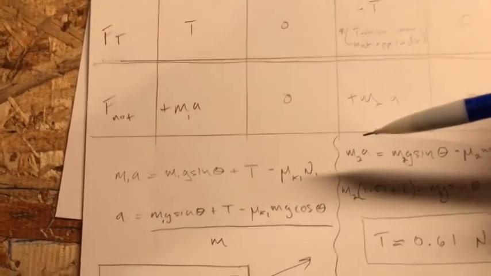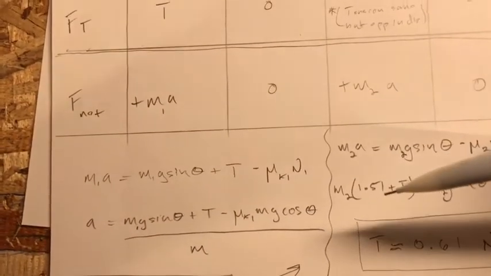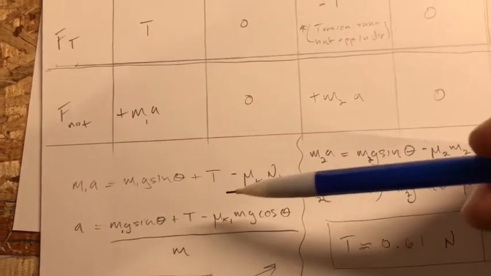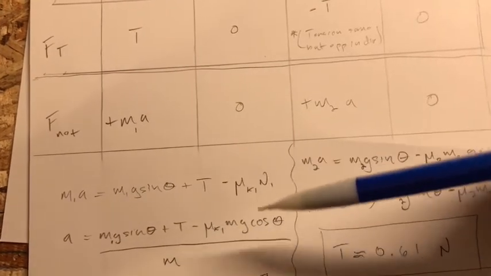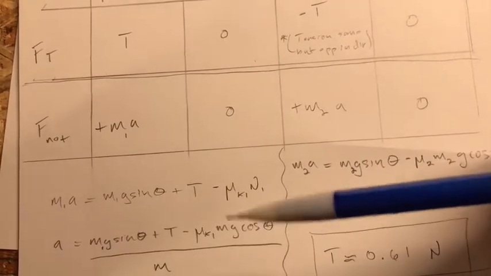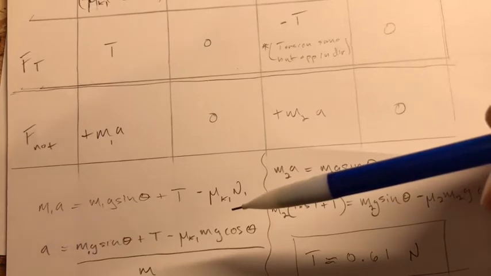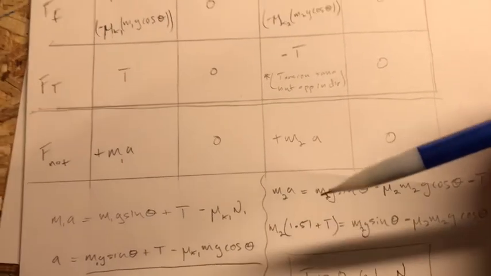And we'll get our first equation over here to be mass times acceleration equals mass times gravity sine theta plus T minus the coefficient times the normal force, which we all get in this column right here. Right?